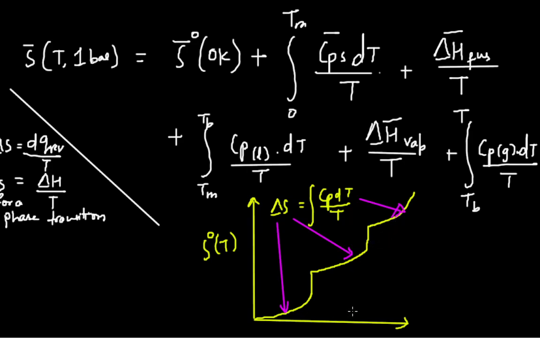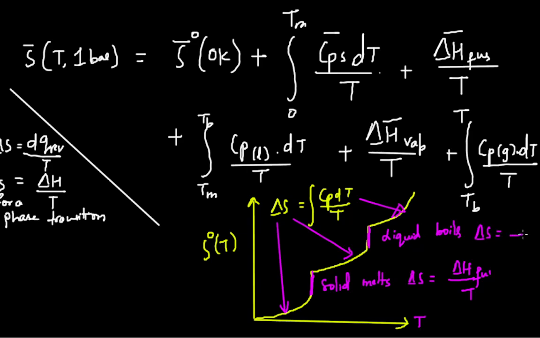So this is the temperature curve, and this is where the solid melts, and its entropy increase is given by the enthalpy of fusion. And the liquid boils, and its entropy increase is given by the enthalpy of vaporization.